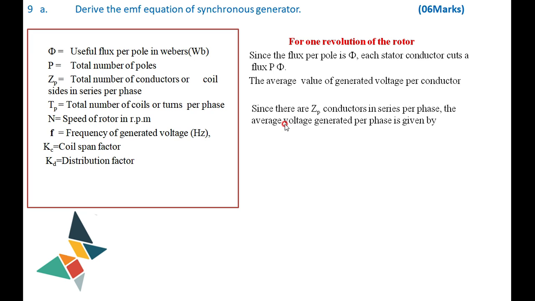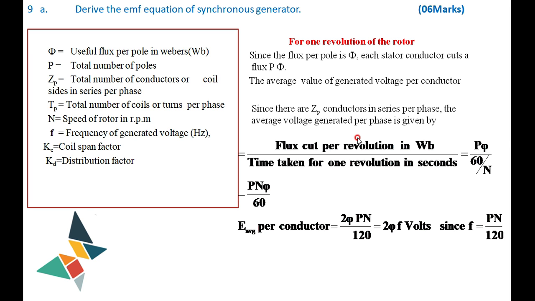Since Zp is the total number of conductors in series per phase, the average voltage generated per phase is given by the rate of change of flux: flux cut per revolution in Weber divided by time taken for one revolution in seconds.